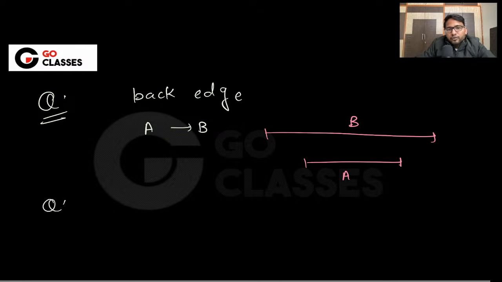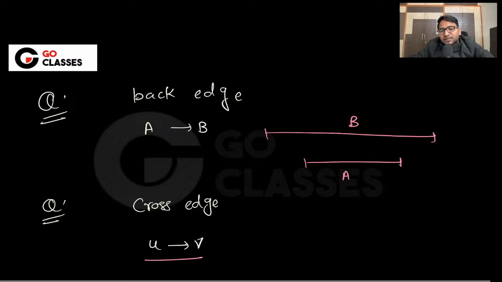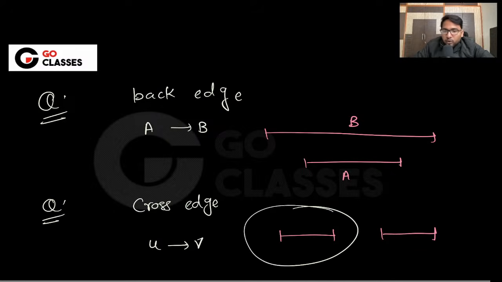Now you tell me for the cross edge. Let's just say U to V. If that is the cross edge, then first of all there is no relationship between U and V, because neither one is descendant nor ancestor. Second thing is that whatever edge, cross edge or otherwise, in the original graph there is an edge.